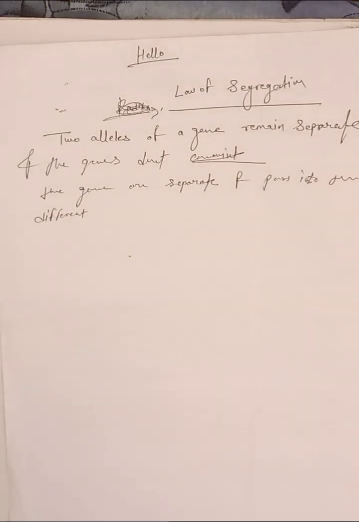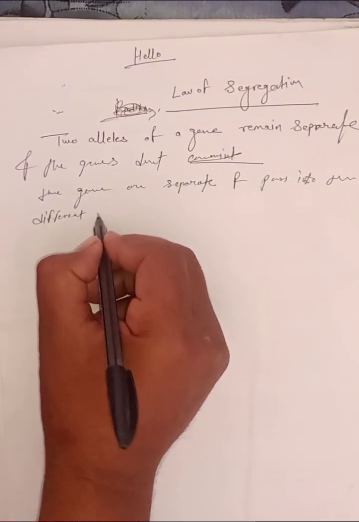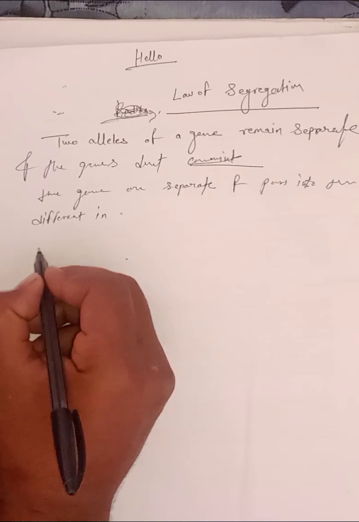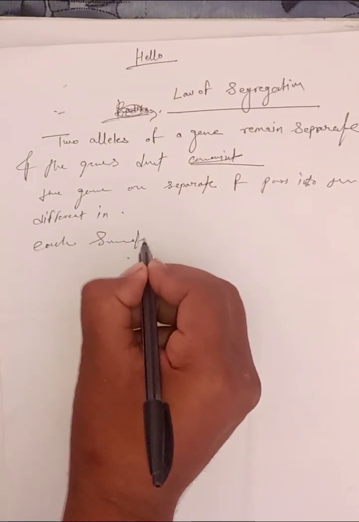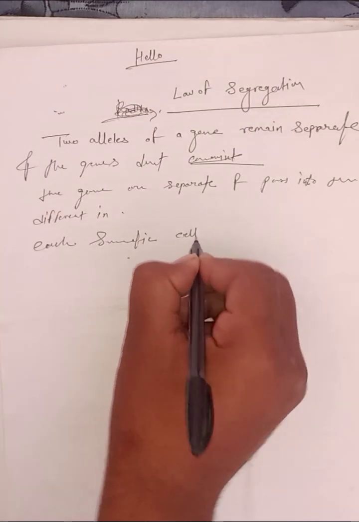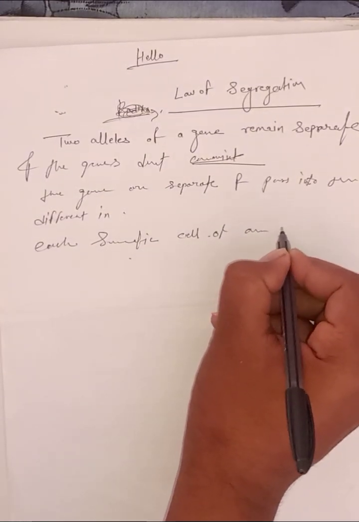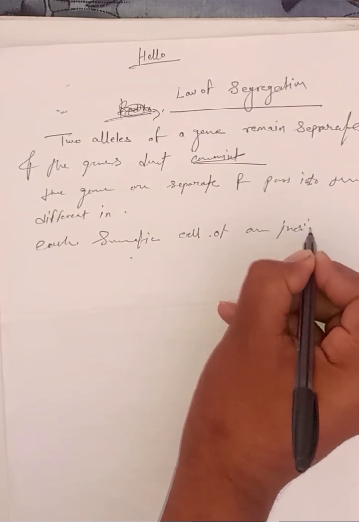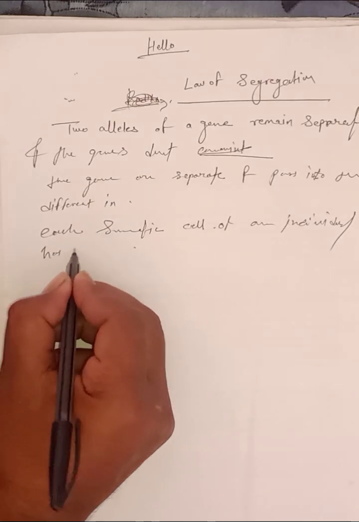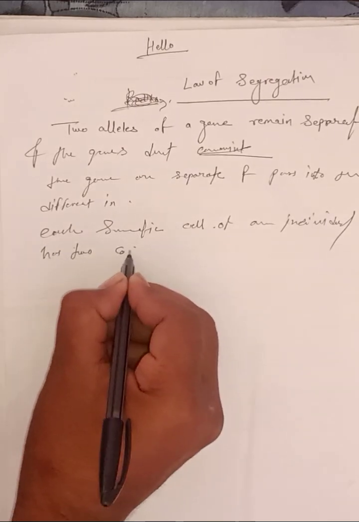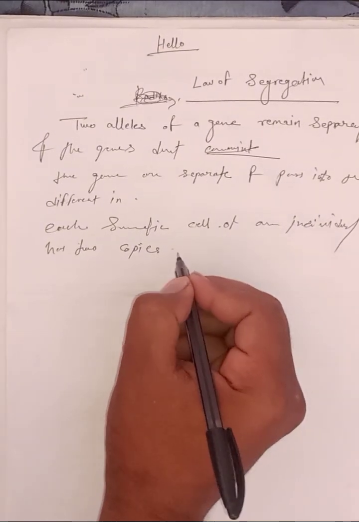Each somatic cell of an individual has two copies of a gene.